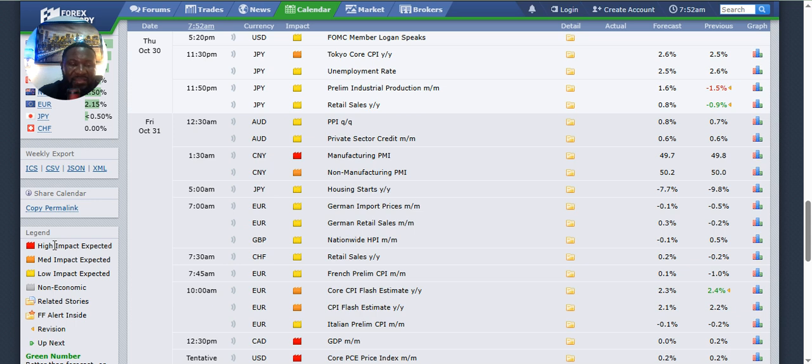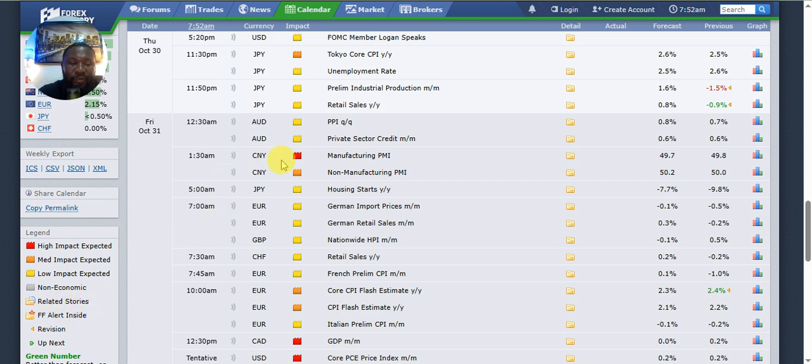Whenever you see the orange envelope, it means medium impact news, meaning the news wouldn't be too shaking or too scary. And then you have the yellow envelope, low impact, meaning go ahead and trade, there's no danger. And we have the gray one, which is non-economic, and then we have the other ones and so on.